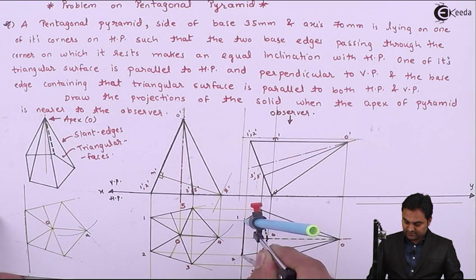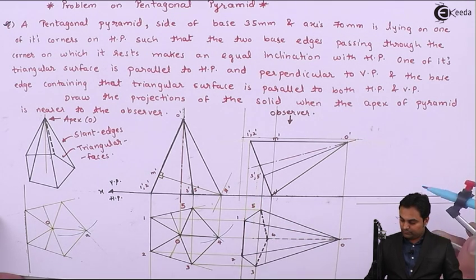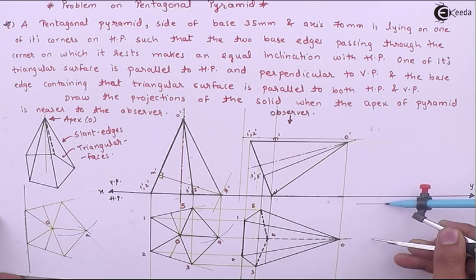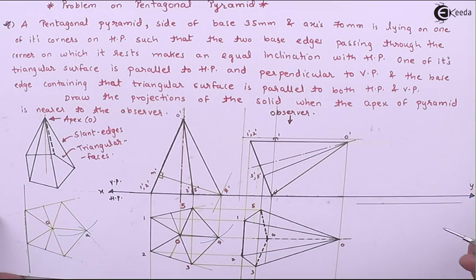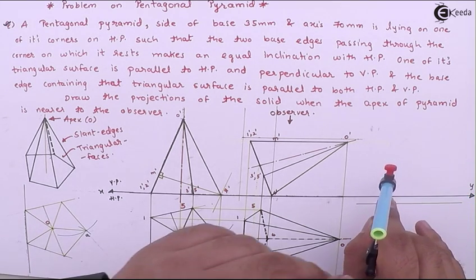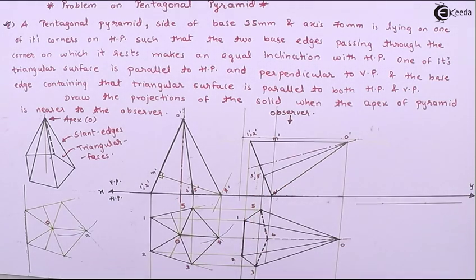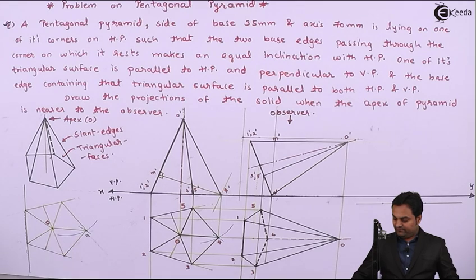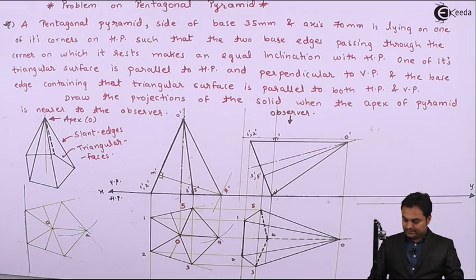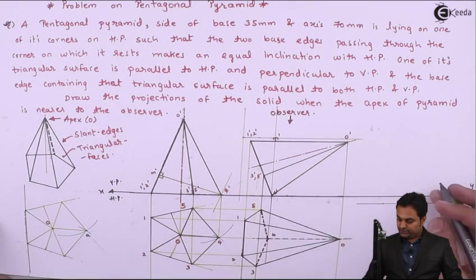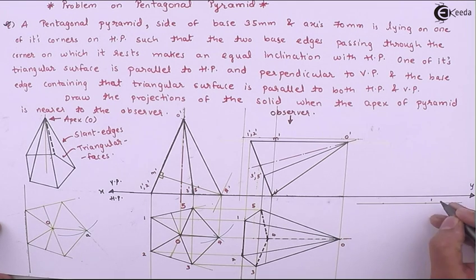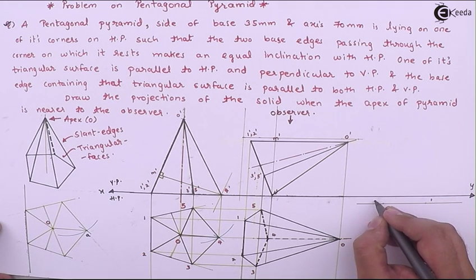So taking this distance, that is 1 to 2, and marking it over this light line. So here we have, this is edge 1 to 2, this is point 1, and here we have point 2.